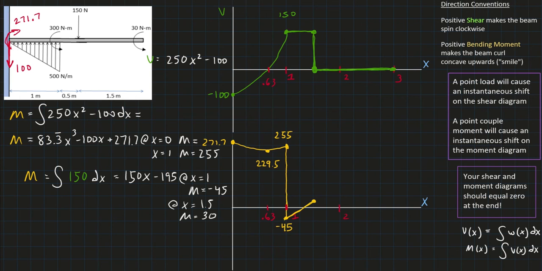And this is a line equation. Pretty easy to figure out this intersection point with the graphing calculator. Second calc 0. Go to the left bound, right bound, and we get that our m is actually 0 at x is 1.3. And it's 30 right here.